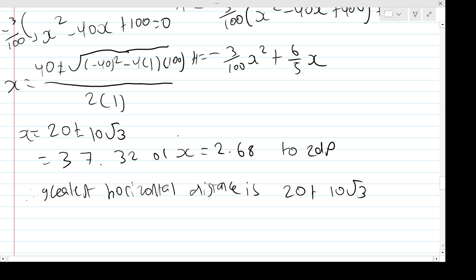Because it didn't say to round it to anything, you have to be a little bit cautious because we might expect you to leave it in surd or exact form. You never know what the mark scheme will be. So you can leave it in this form, and this would be in meters. So it's roughly 37.3 meters, which is the horizontal distance. Cool.